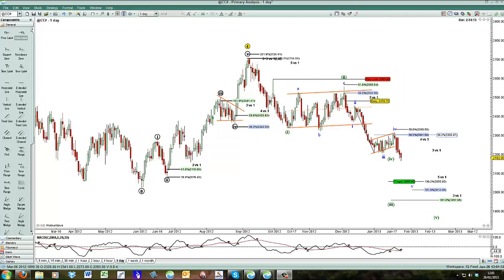Also worthy of note is that this wave 4 retraced 38.2%, which yet again is what we look for. So this is all confirming price action in my view.